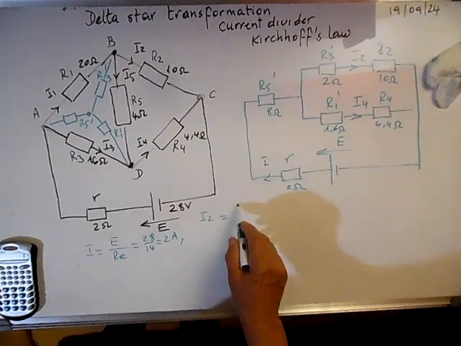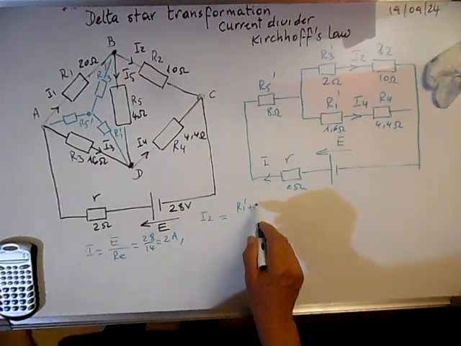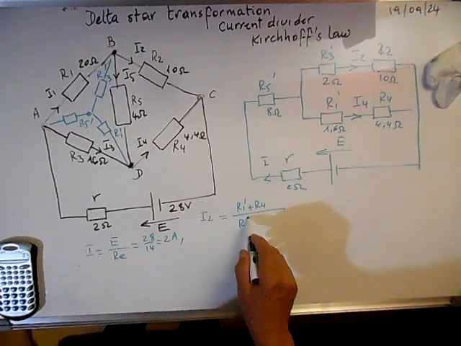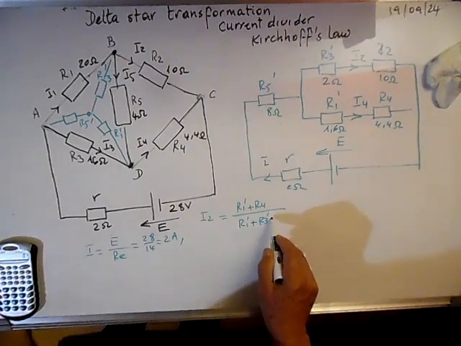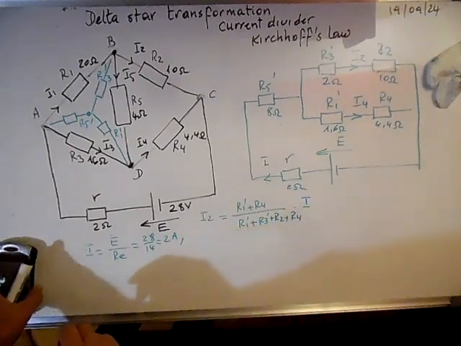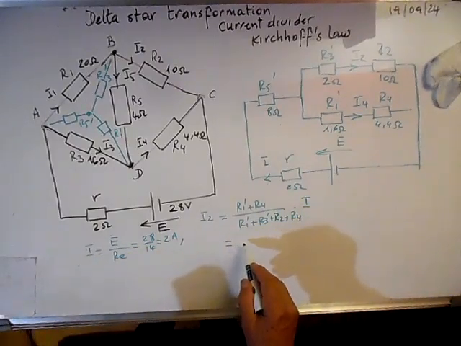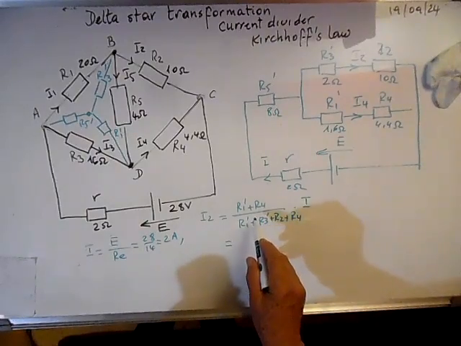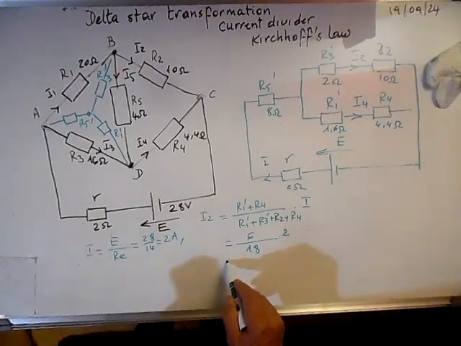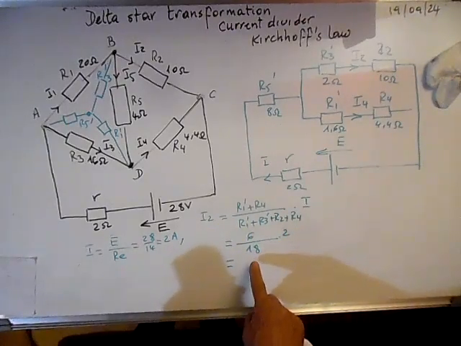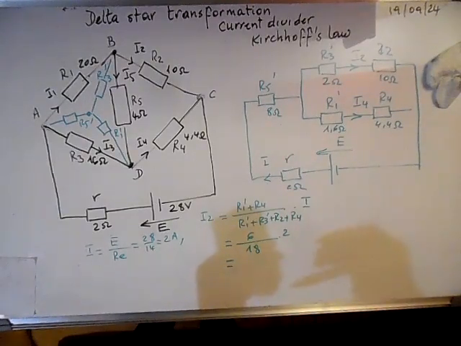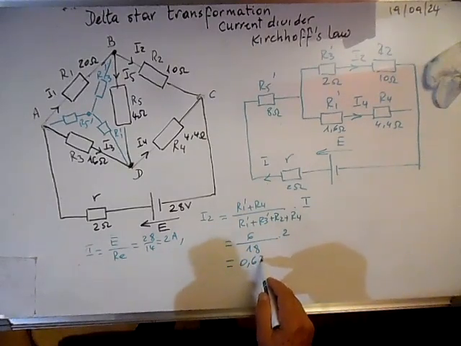I2 will be equal to R1 prime plus R4 over the sum of the four resistors, R1 prime plus R3 prime plus R2 plus R4, times the main current. And here it's 6 over 18 times 2. This is 2/3, 2 divided by 3, it's 0.67 amps.